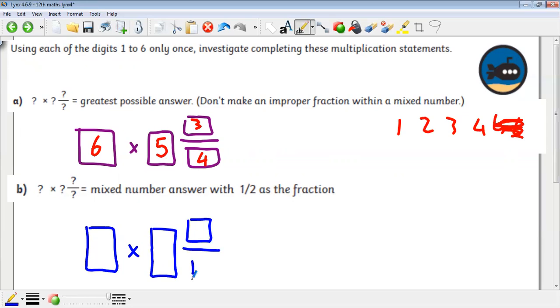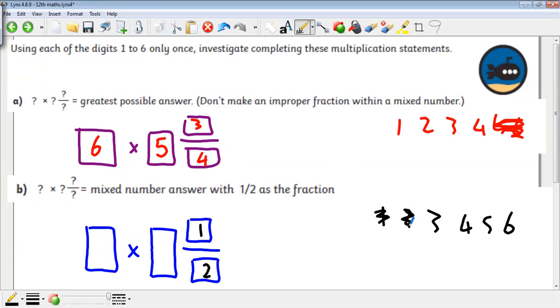So a mixed number answer with 1/2 as the fraction. Right, well, it probably makes sense to put the half in there already. And for this to work, we're going to need to put an odd amount somewhere, okay, so that this could work.